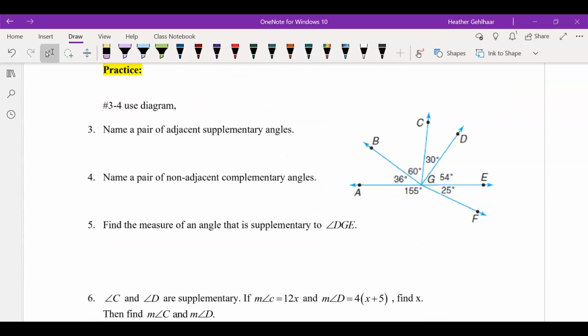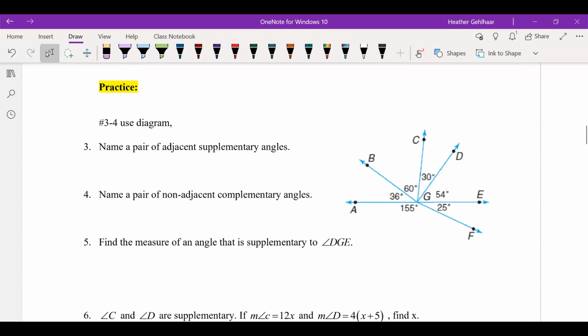All right, so a couple example problems that I'm going to go through with you here. It says using the diagram for numbers 3 through 5. Name a pair of adjacent supplementary angles. Adjacent means they have to have the same vertex and a side that they share, and supplementary is 180 degrees.